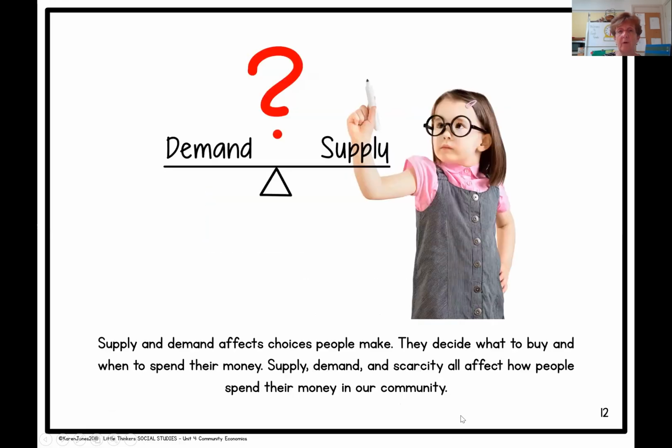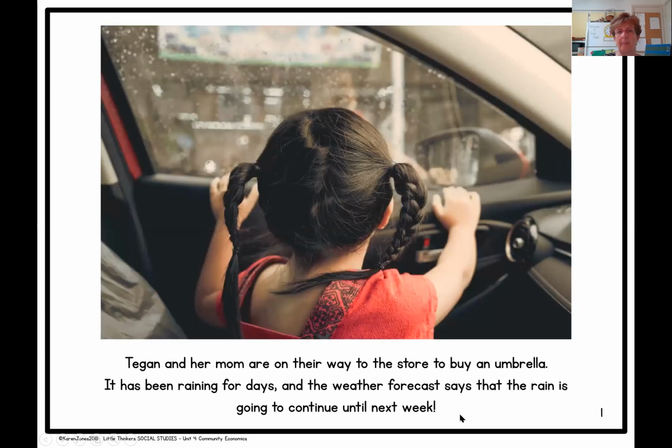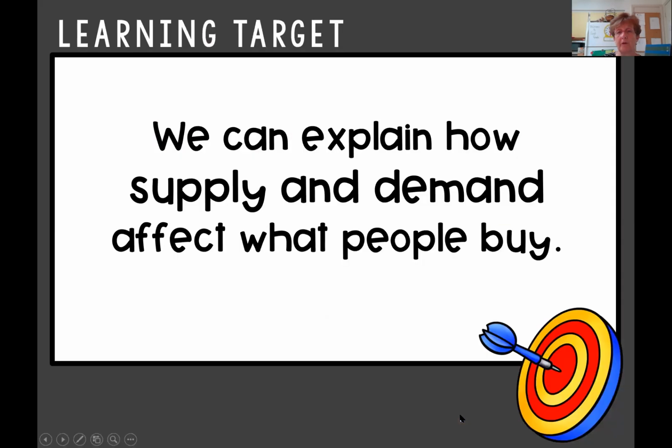Okay, and so I want to go back to our target. We can explain how supply and demand affect what people buy. Remember, supply is how much of an item is for sale, and demand is how much people want the item or the service.